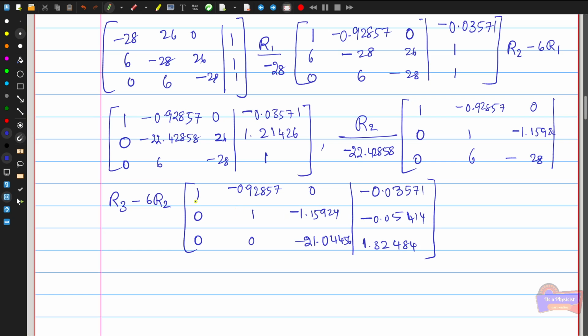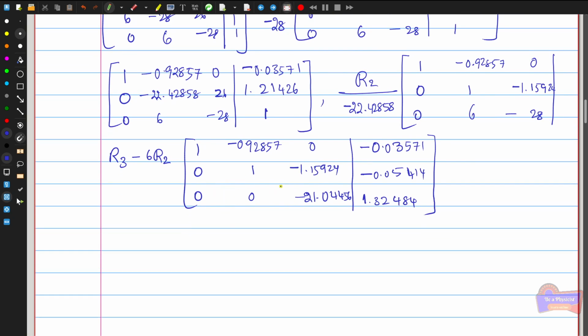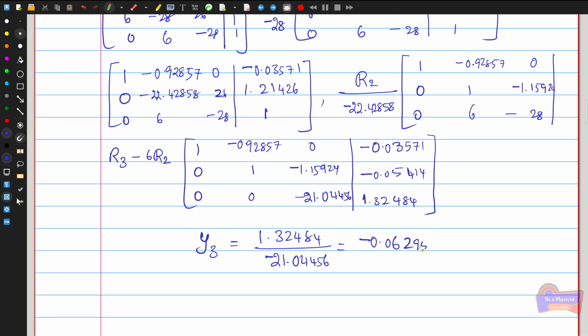Okay, so now I can directly solve this matrix, and then I can find the coefficients y1, y2, y3. From this last equation I can find the value of y3, which is equal to 1.32484 divided by minus 21.04456, which is equal to minus 0.06295.